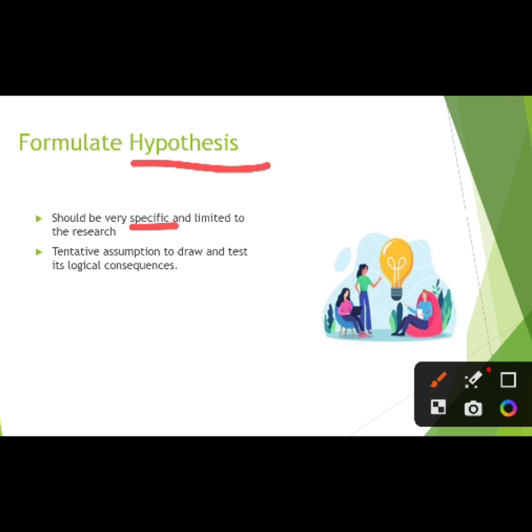So why should it be specific? Because it limits the scope of our study, which benefits us for doing our study in a very efficient way. It is a tentative assumption to draw and test its logical consequences.